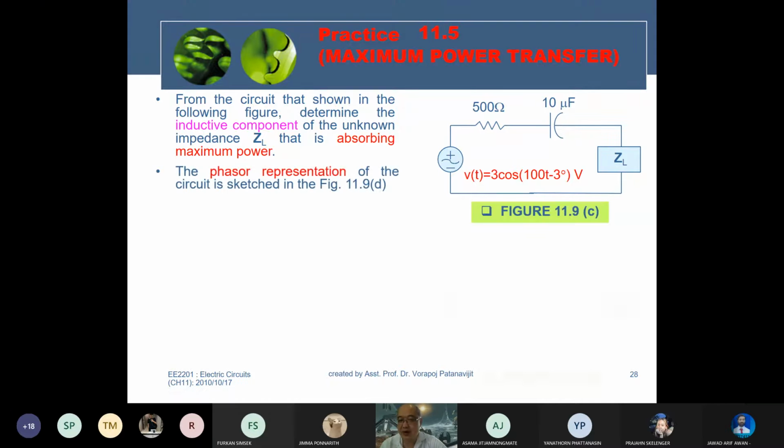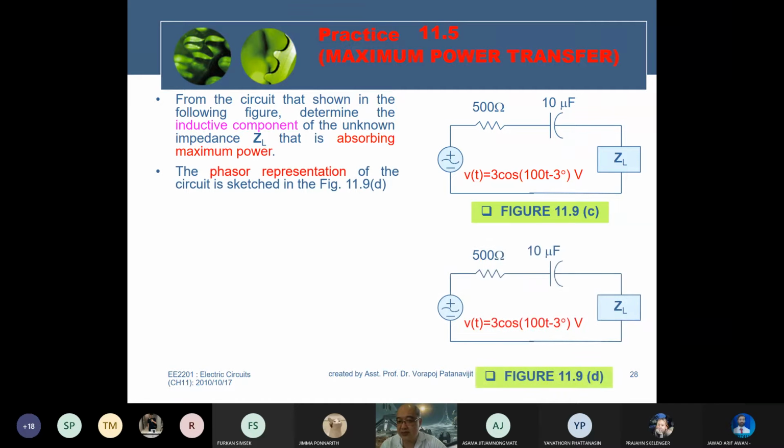The first step, the phasor representation of the circuit, can be sketched in figure D here. You can see the magnitude of this voltage is 3 at minus 3 degrees.